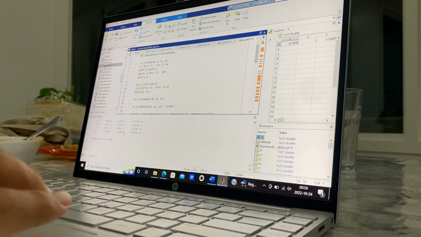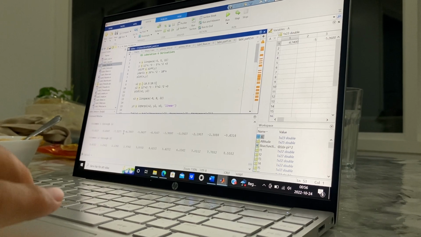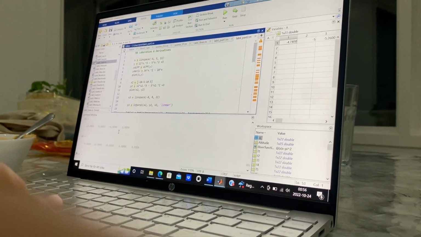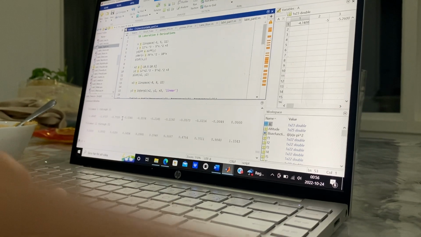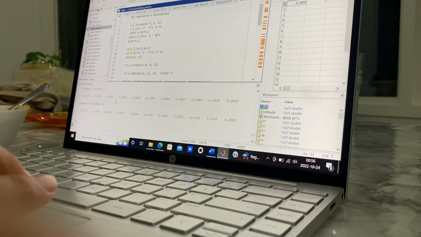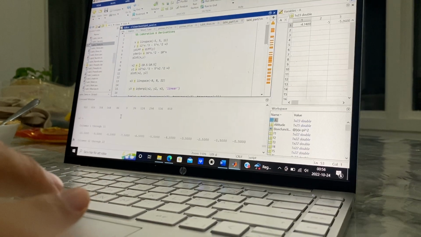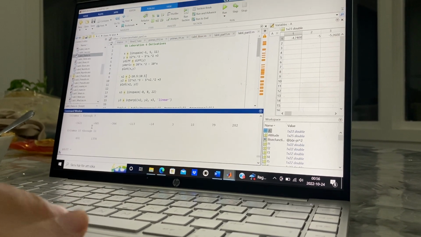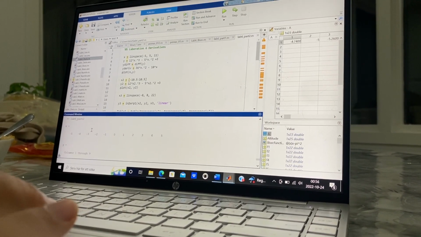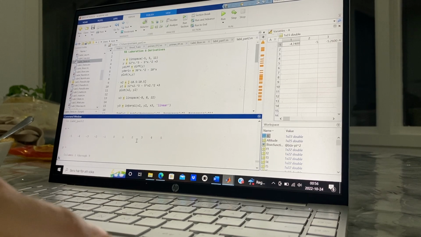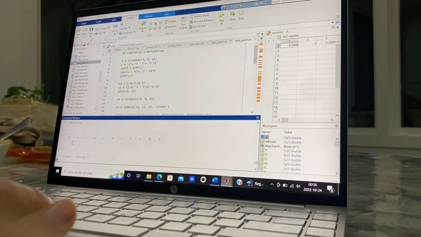You can see in the beginning of it, if we look at the command window here, this is the x values from -5 to 5, 11 numbers.